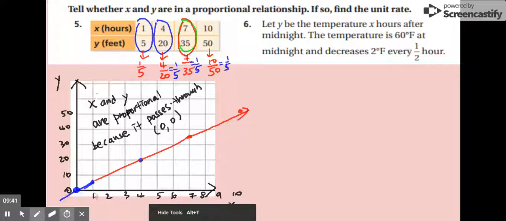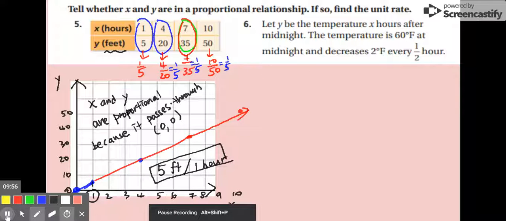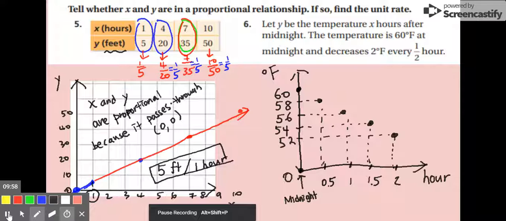And the unit rate, it's per one hour. How many feet do you travel? It's going to be 5 feet per 1 hour. This is the unit rate.